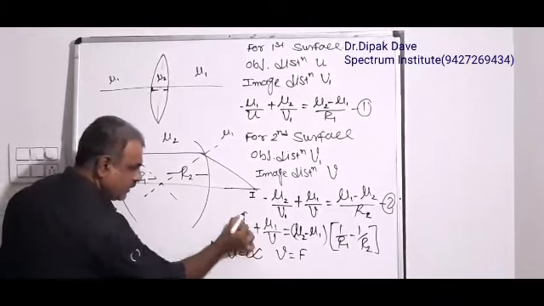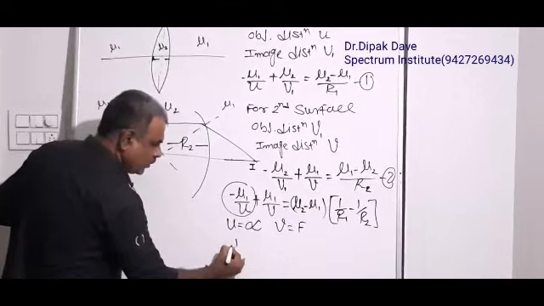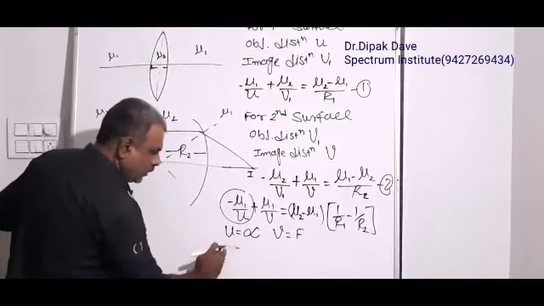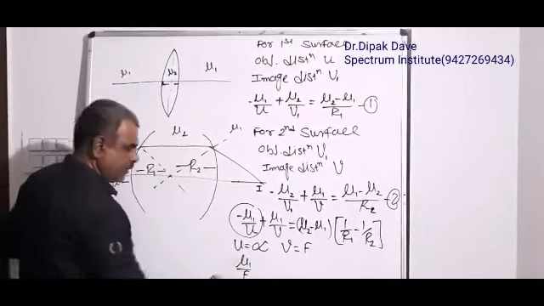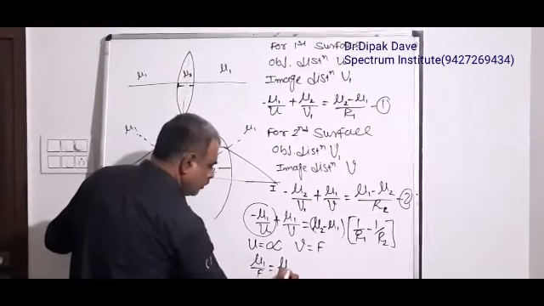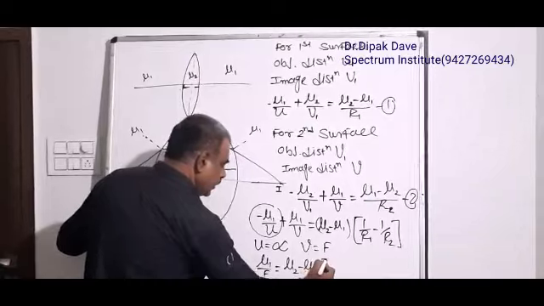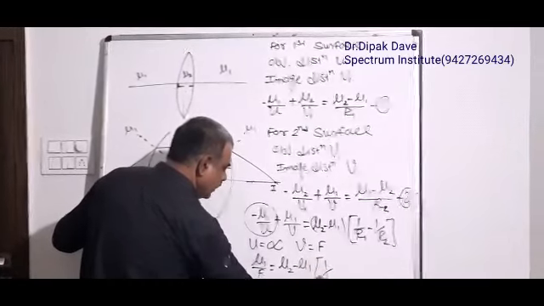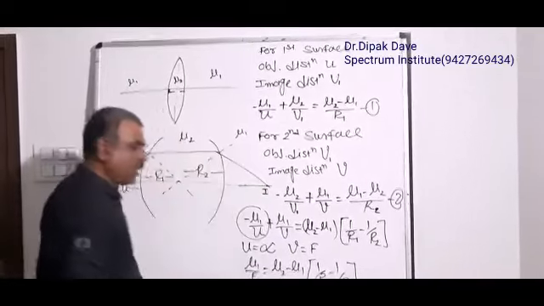So 1 by infinity will be 0, and this equation will reduce to mu1 by f is equal to mu2 minus mu1, inside the bracket 1 by r1 minus 1 by r2.